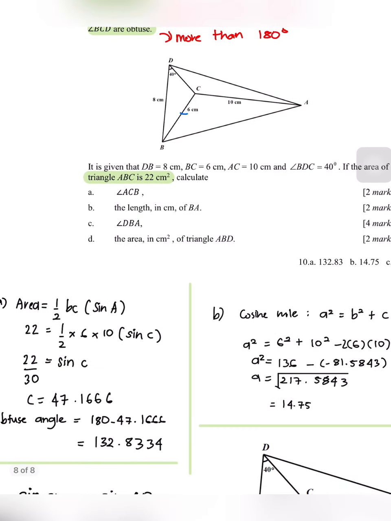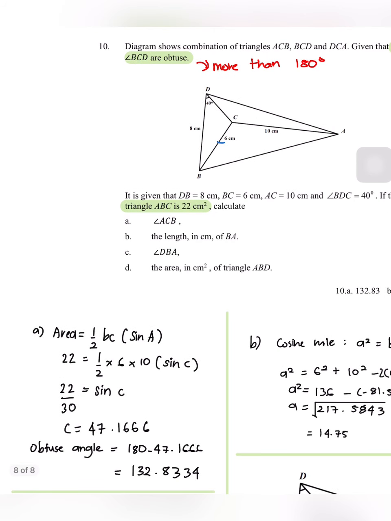For the first question A, they want us to find the angle ACB, which is this angle right here. As we know, this is the formula of area, and we're going to use it because they stated that the area of this triangle is 22 cm².